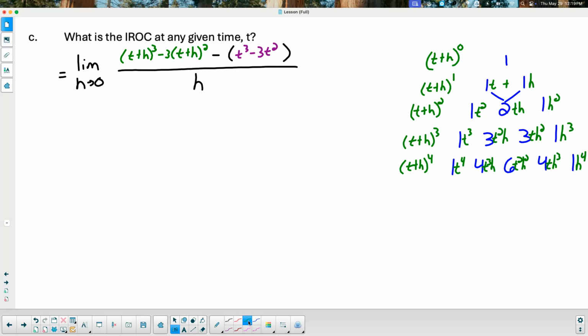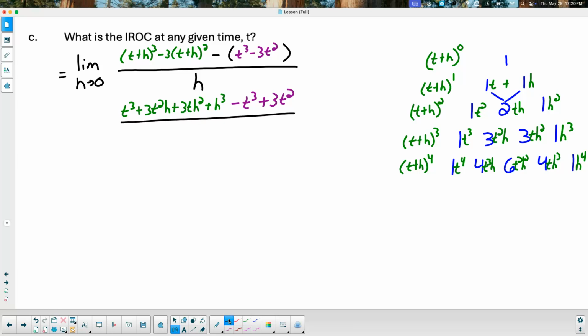So this green one then becomes t cubed plus 3t squared h plus 3t h squared plus h cubed. Then we've got minus t cubed plus 3t squared.